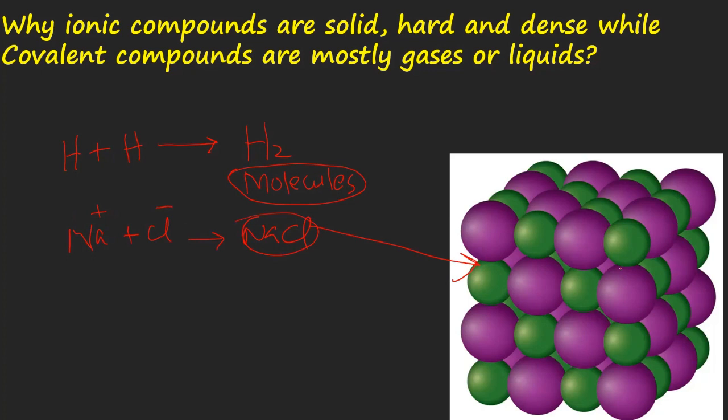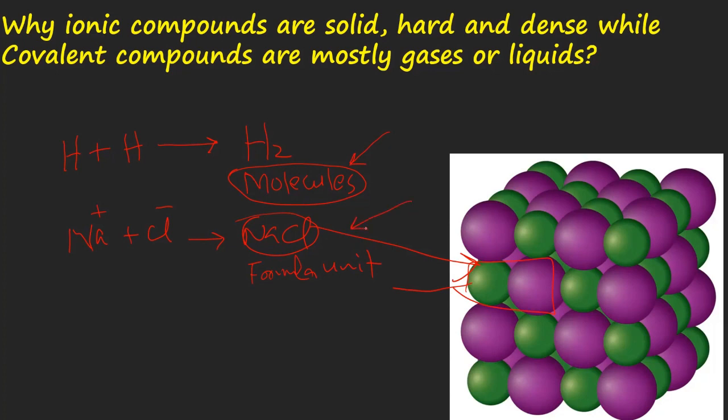They don't exist as molecules, but if you take only one unit of that, it is called a formula unit. So they don't exist independently. All right. So the smallest unit of a covalent compound is called a molecule. The smallest unit of the crystal lattice of an ionic compound is called a formula unit.